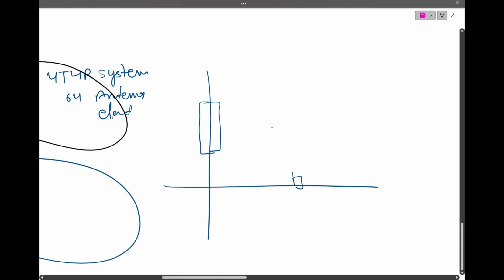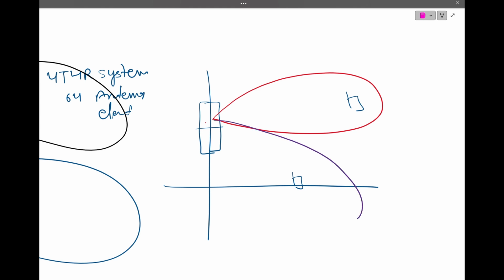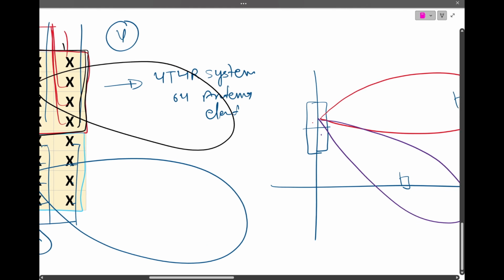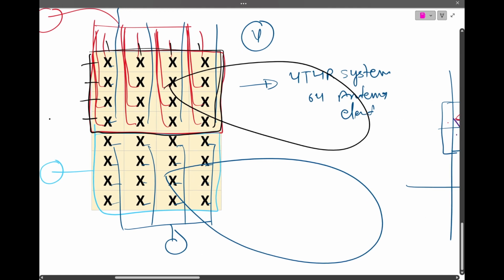If there is a UE here and a UE here, horizontally, if it is on the other side of the antenna, the beam can be oriented like this, whereas for this UE it can be like this. So in this case you have a horizontally narrower beam and a vertically narrower beam. In total, 4T4R with 64 antenna elements.